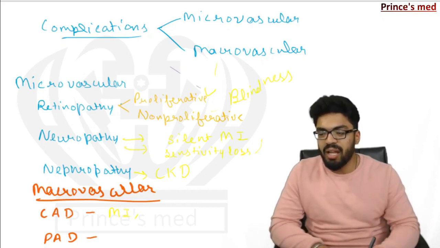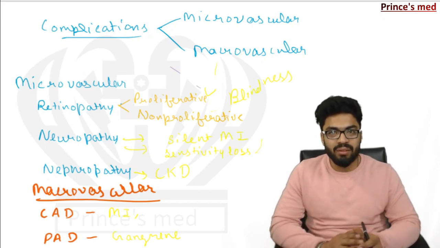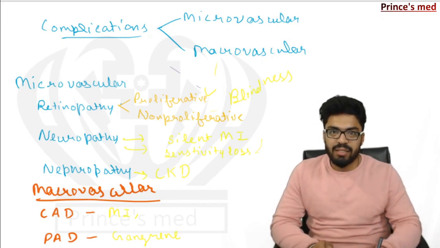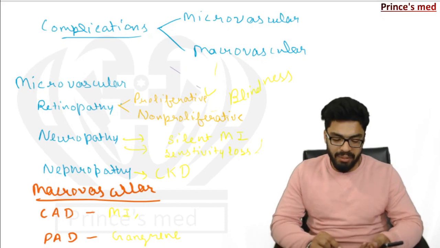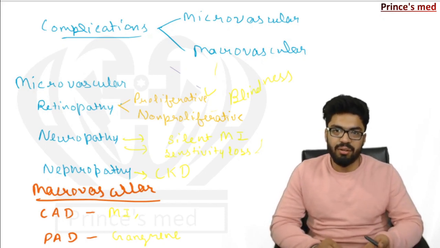And in peripheral arterial disease, we have complications that are gangrene or strokes due to atherosclerosis. Strokes may be brain stroke, maybe any other cardiac stroke, etc.